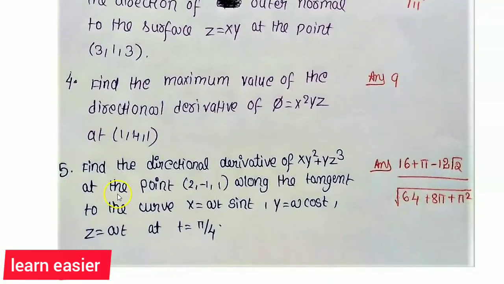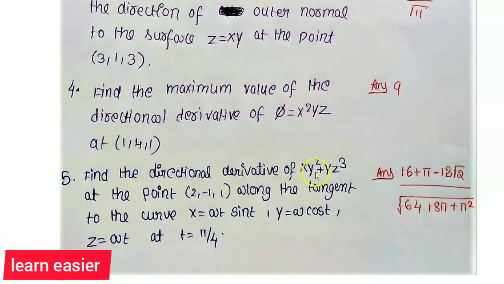And the next problem is to find the directional derivative of this function, which is del f, and del f at this point and along the tangent to the curve x, y and z at t equal to pi by 4.